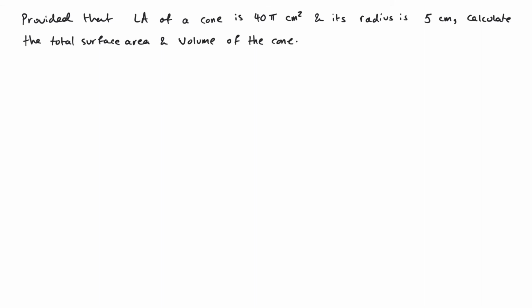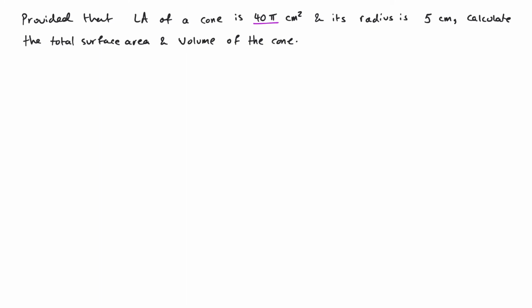All right, this question over here says that the LA here stands for the lateral surface area of a cone, which is 40 pi centimeters squared, and its radius is 5 centimeters. Calculate the total surface area and volume of the cone. What I'm going to do first is actually write down whatever information we have.